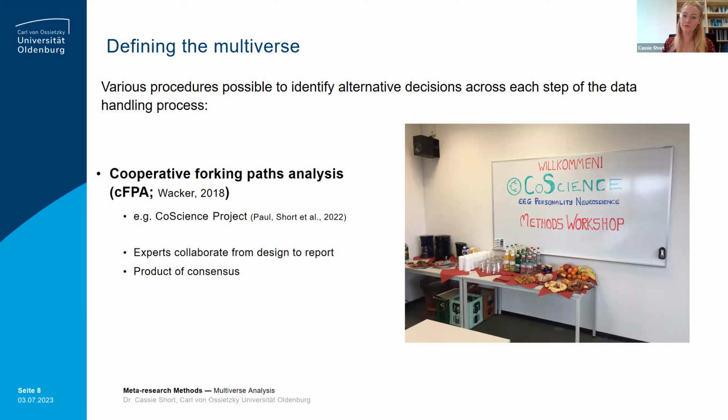So it's very much a product of consensus, rather than these experts working individually or within their own labs and then providing their effect size and their pipeline. Instead, everybody works together to say, I do or do not agree that this is defensible. So it's kind of like a peer-reviewed multiverse, I guess, from start to finish. And this is what I'll talk about today.